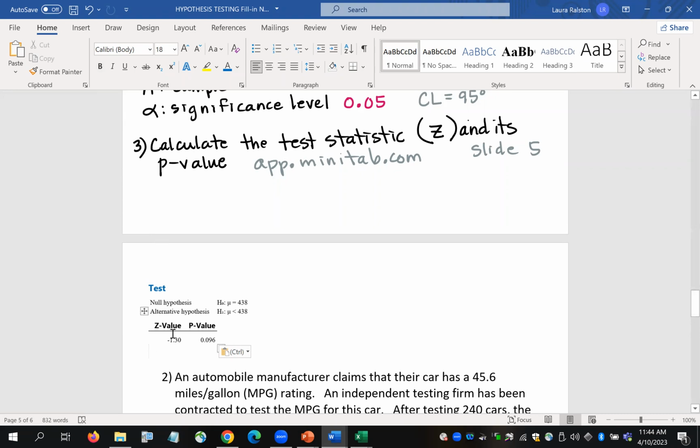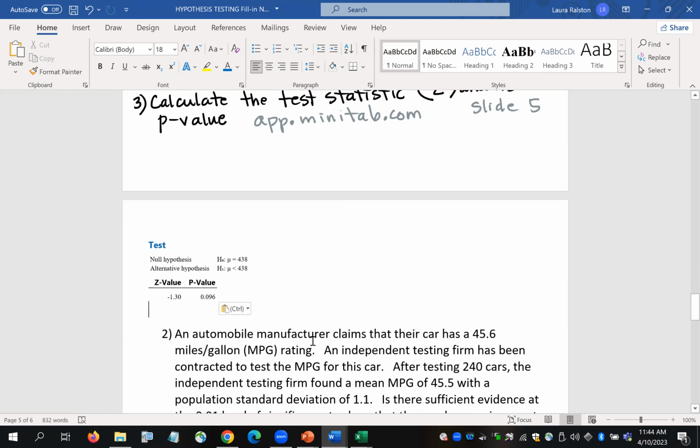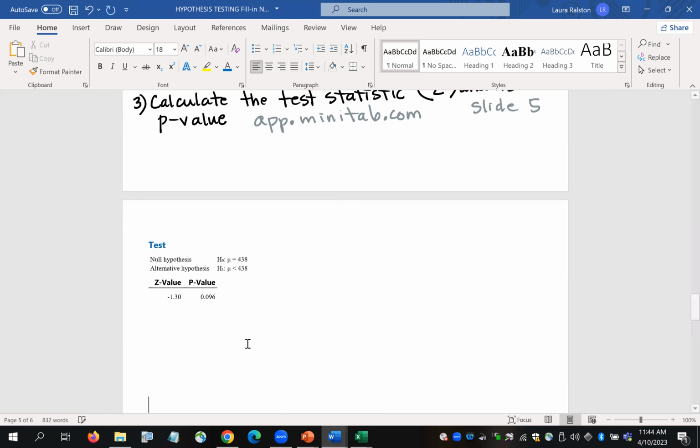I'm looking for my test statistic and its p-value.